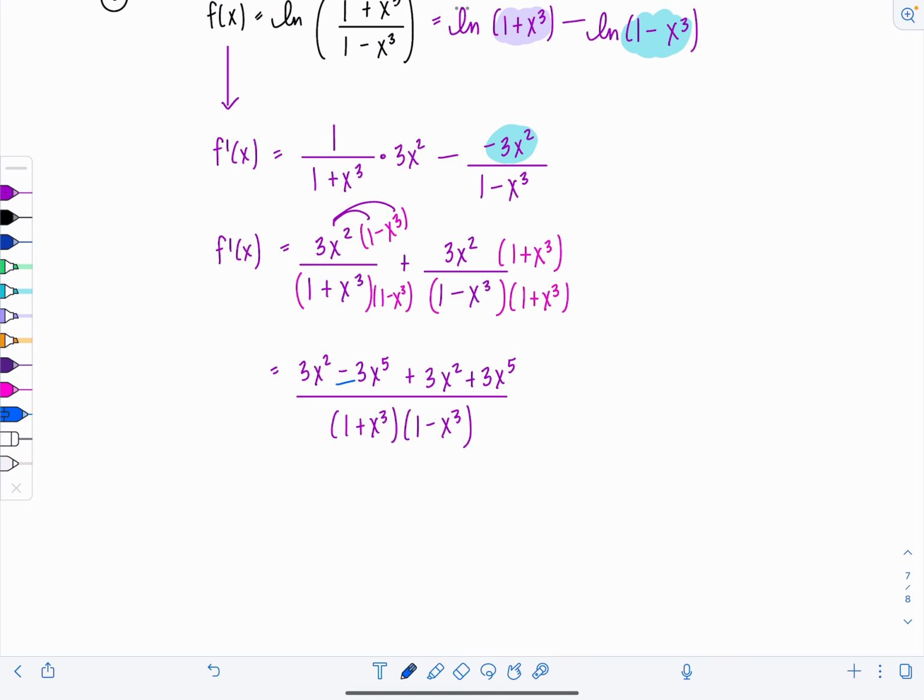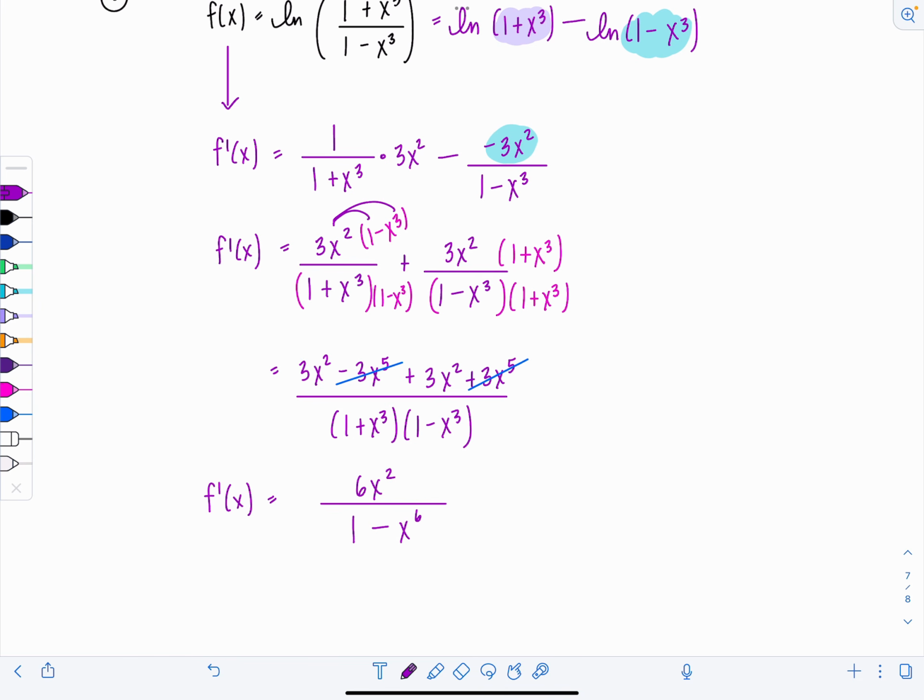And the cool part is, see how these 3x to the 5ths just cancel? Good. So then f prime of x is 6x squared over, if I multiply out the denominator, what do I get? It's 1 minus x to the 6th.